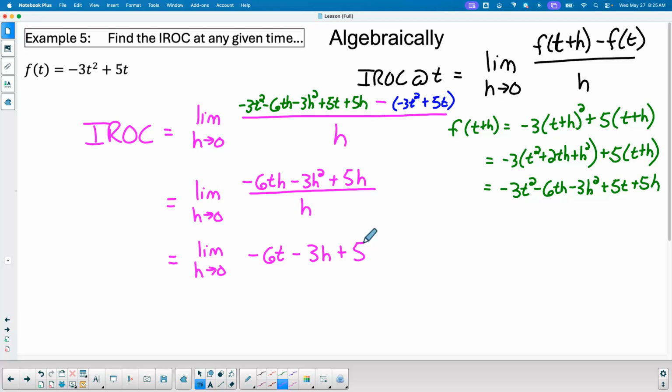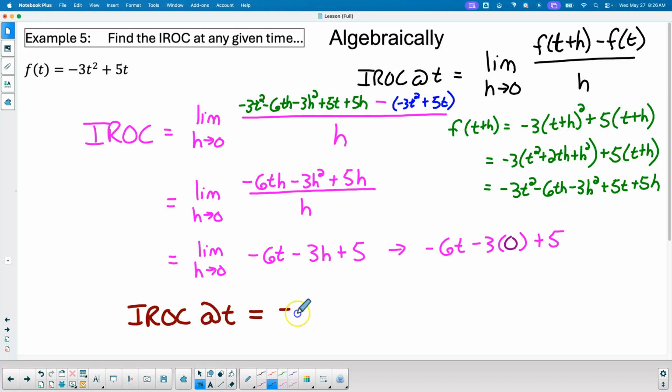And now we can send h to 0. No? So my IROC at t is just negative 6t plus 5.